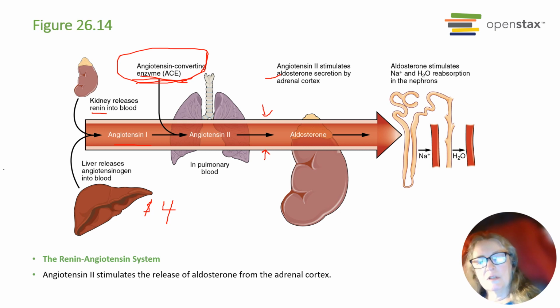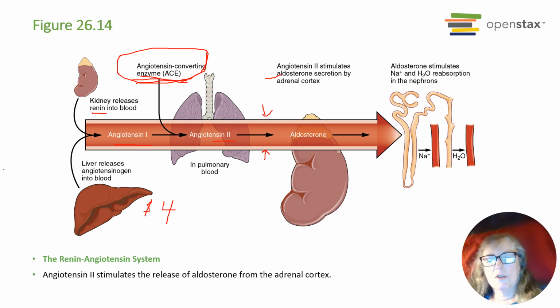It prevents the ACE converting enzyme from being able to cause angiotensin 1 to go into angiotensin 2. With no angiotensin 2, the blood pressure drops. We also have angiotensin 2 receptor blockers. One of the older ones is losartan, and that's one I use because it's cheap compared to the newfangled things.